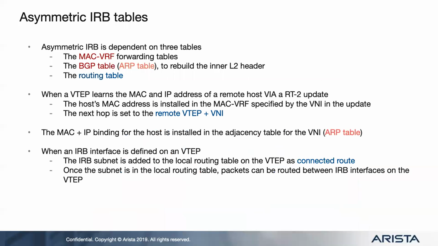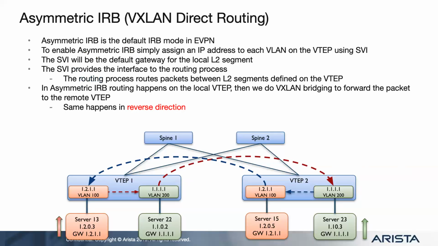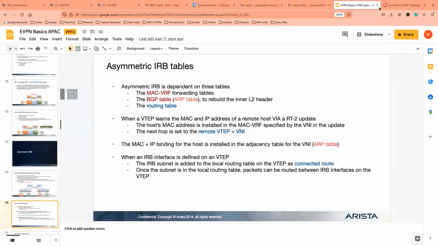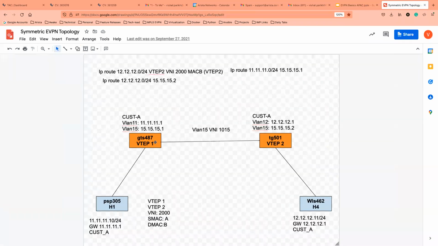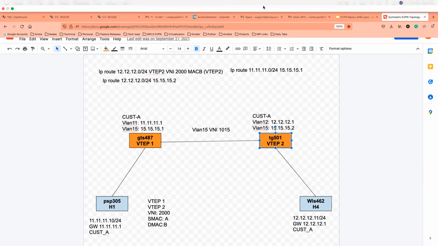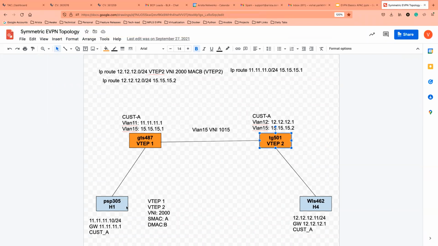Okay, now let's discuss more about how this packet flow works. This is the same concept of VXLAN, more of it. So let's understand this. There are these two hosts, H1 and H2, both in different subnets. This is 11.11.11.10 and this is 12.12.12.11.